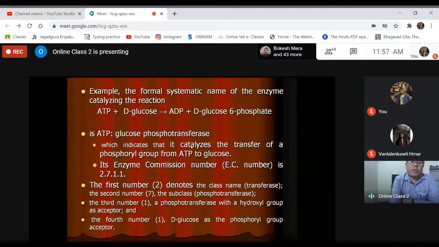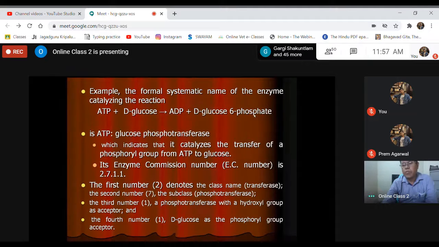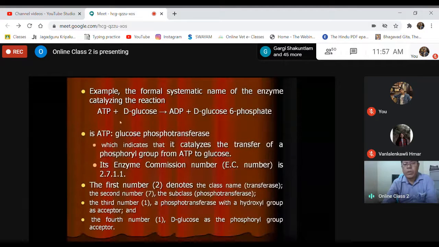For example, the formal systematic name of the enzyme catalyzing the reaction in which ATP combines with D-glucose to form ADP and D-glucose 6-phosphate. Here, one phosphate group from ATP is transferred to D-glucose to form D-glucose 6-phosphate. So this is ATP:glucose phosphotransferase.